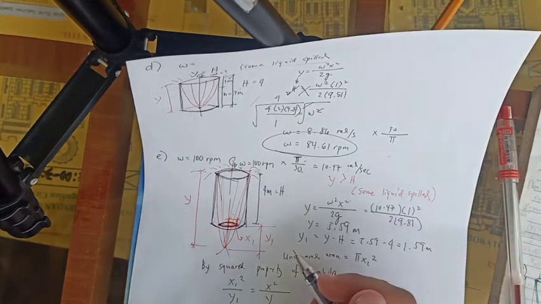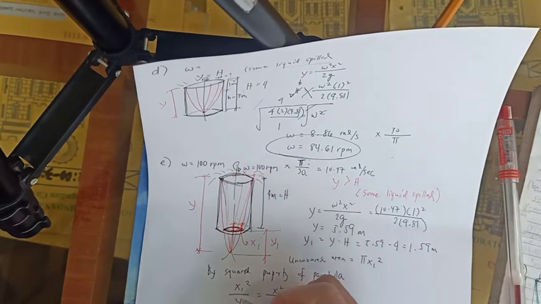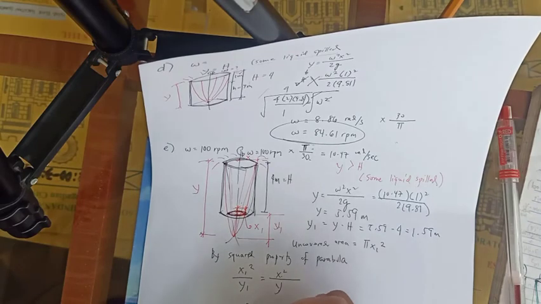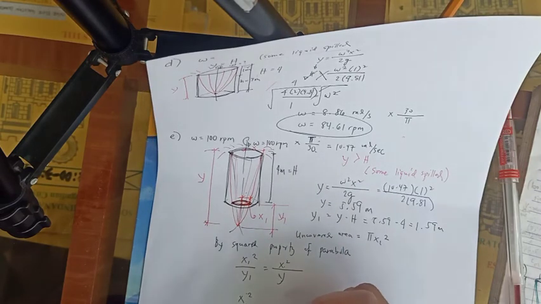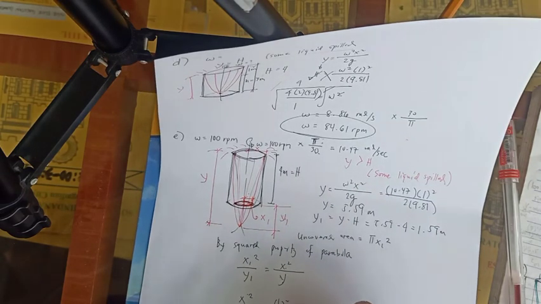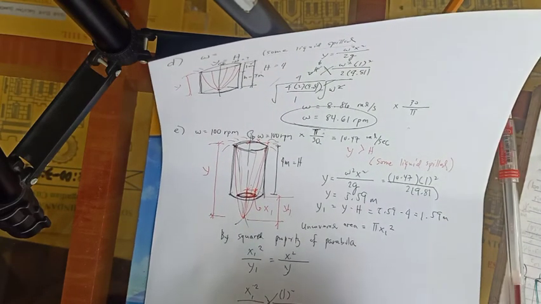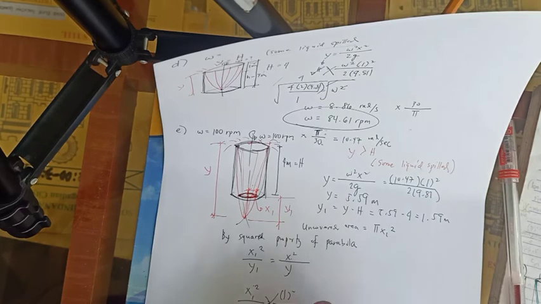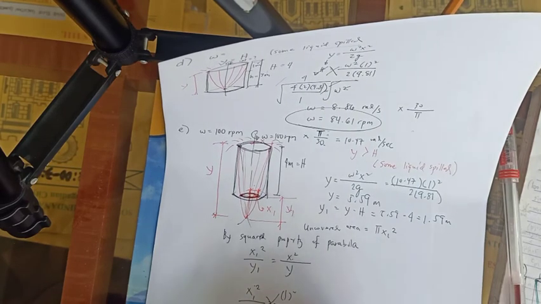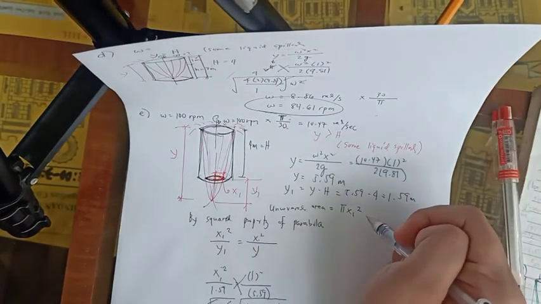Given y sub 1 and given x and y, we will find x sub 1. X sub 1 squared over 1.59 equals 1 squared over 5.59. So cross multiply, therefore x sub 1 squared equals 1 times 1.59 over 5.59. Square both sides so x sub 1 remains, x sub 1 equals 0.53 meter.